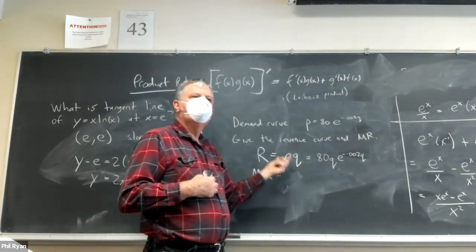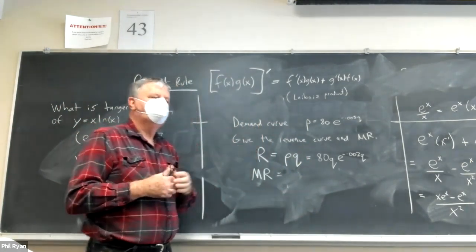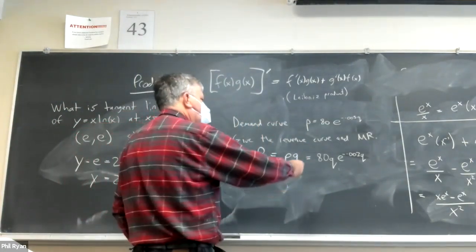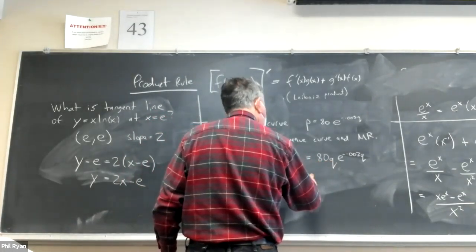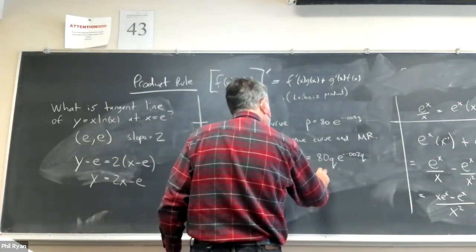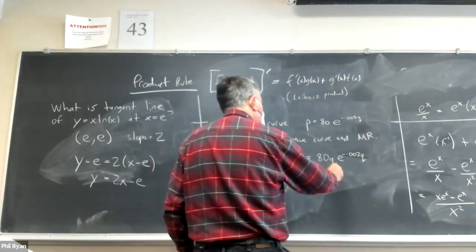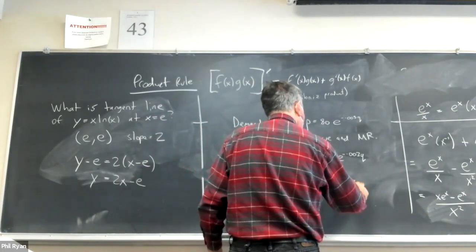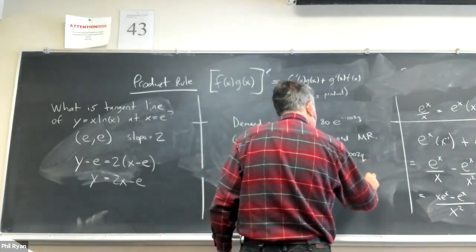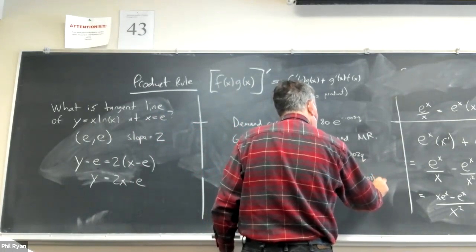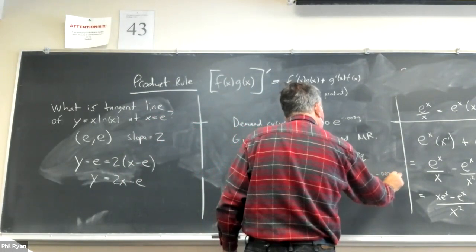It's a product, so naturally the product rule is going to come into effect. So what are we going to do? Derivative of Q is just 1. Then 80Q times the derivative of this. Well, down comes the minus 0.003, e to the minus 0.003Q.